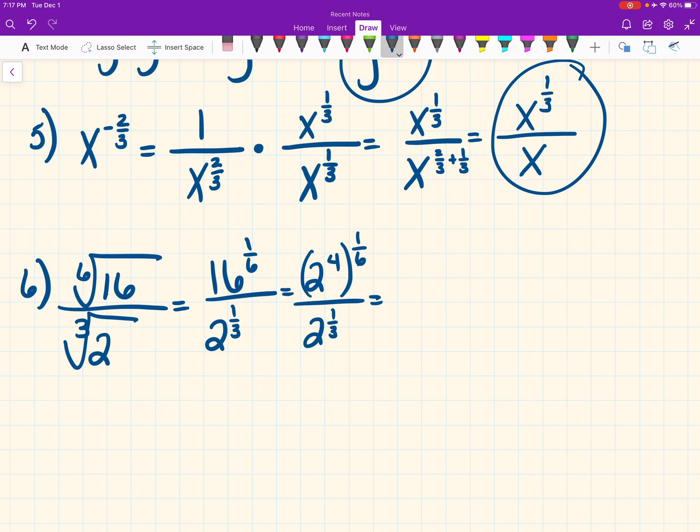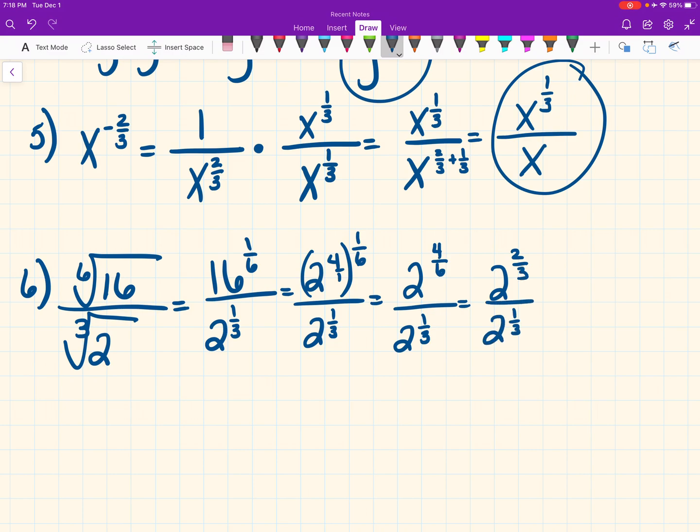Here again, what do we do with a power to a power? Well, a power to a power, we multiply. 4 times 1/6 is 4/6 because there's a 1 under that 4. Top times top, bottom times bottom. In the numerator, we have 2 to the 2/3, over 2 to the 1/3. Well, look what happens here. Simplify that 4/6 just like you would any fraction.